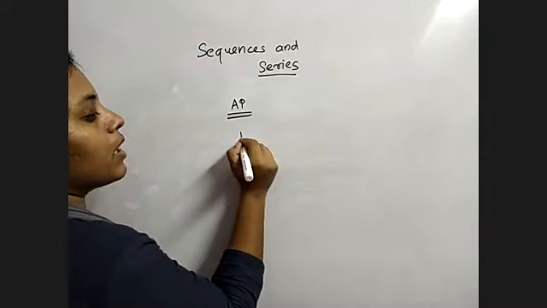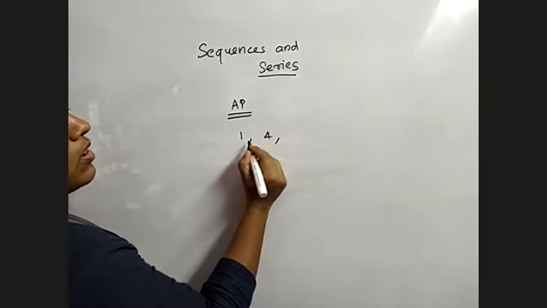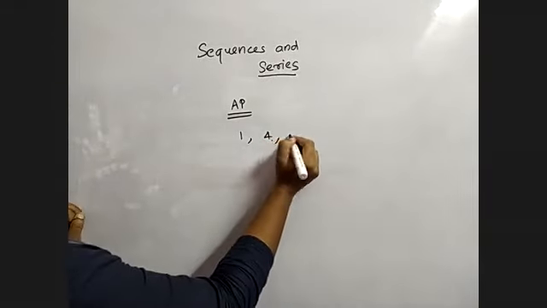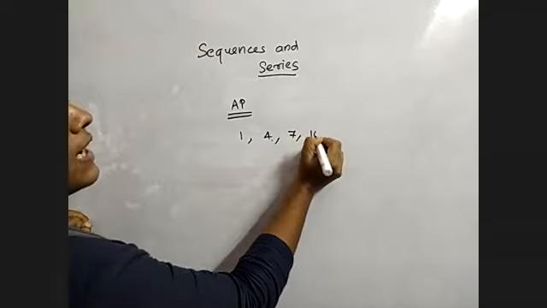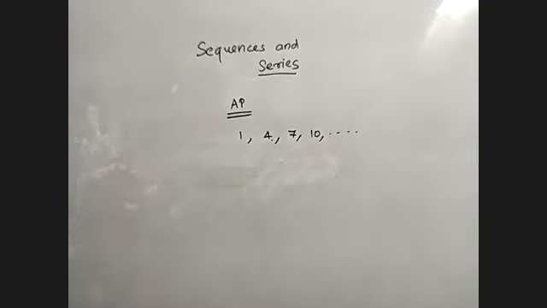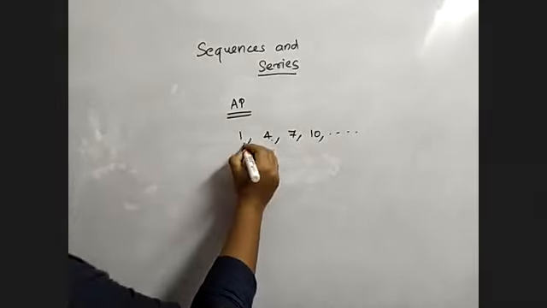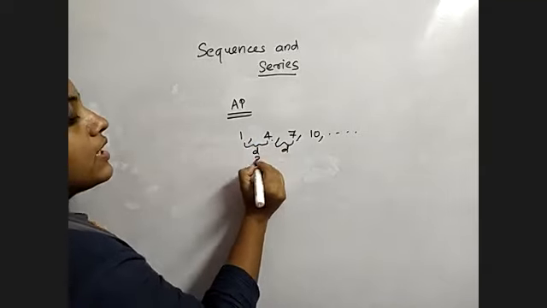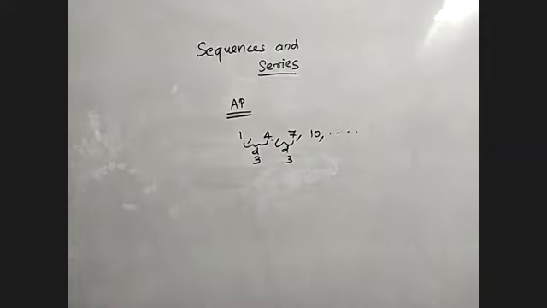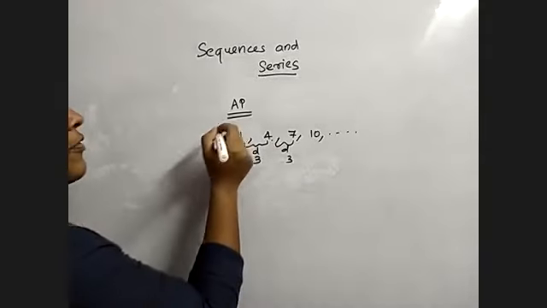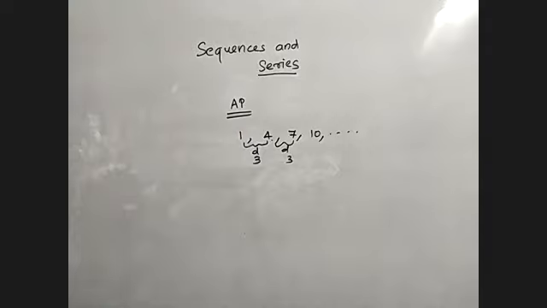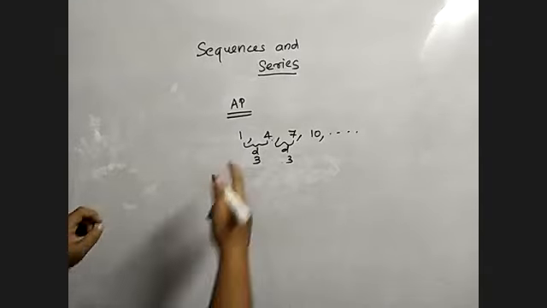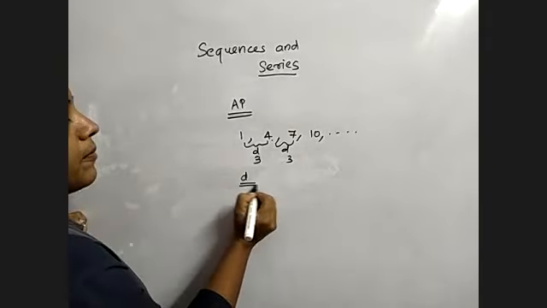Like 1, then 4 (1 plus 3), 7 (4 plus 3), 10 (7 plus 3). See, this is an arithmetic progression. Why? Because there is a common difference. The common difference is d here, 3 is the common difference, and we'll have a common difference in arithmetic progression.